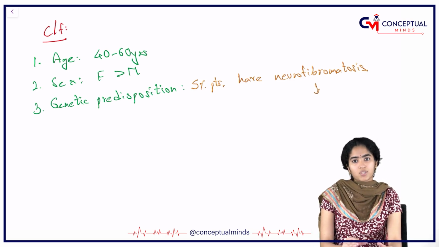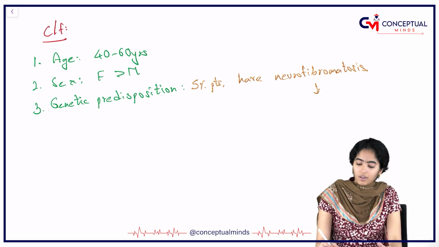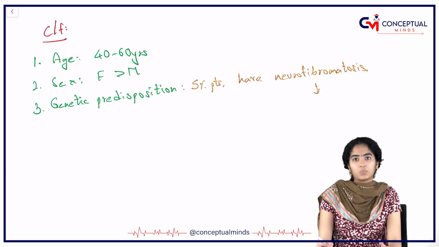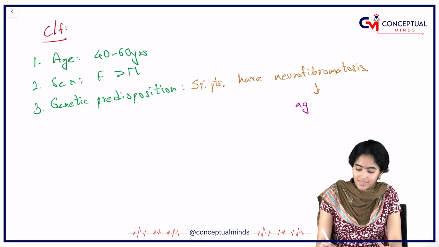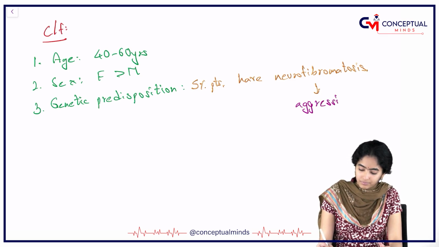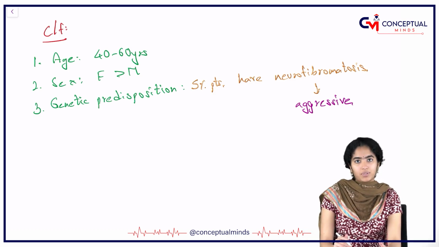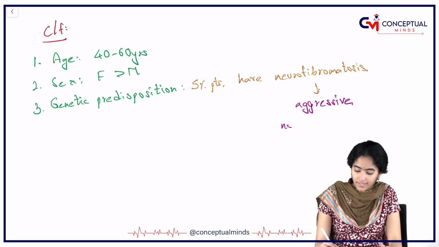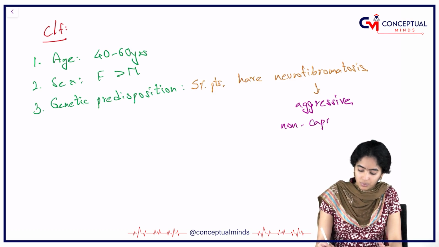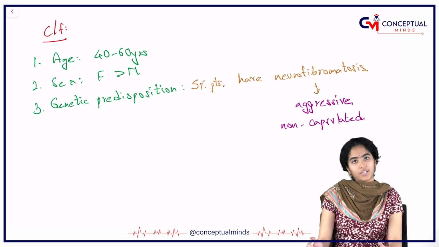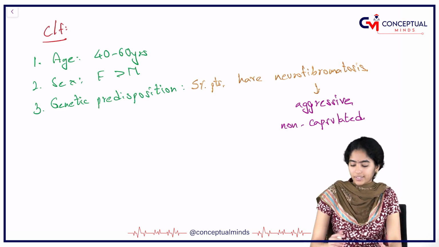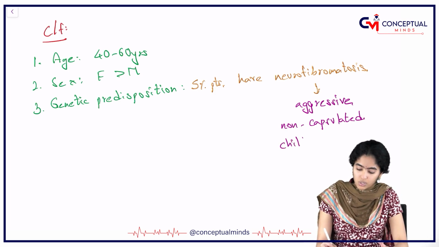Now, acoustic neuroma is usually a benign tumor. When coexistent with neurofibromatosis, it becomes aggressive. That is encapsulated, but this is non-capsulated. There is no capsule. The usual age group is 40 to 60 years, but here sometimes children are also affected.